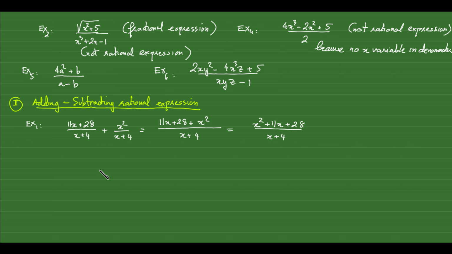There you go. That is how you add it. You just add all the numerators together, and the denominator you keep. But over here, because these are not like terms, I cannot combine them. And if you notice, this is a trinomial, and every time we have a trinomial, we try to factor it so that we can see whether we can simplify with the denominator or not.